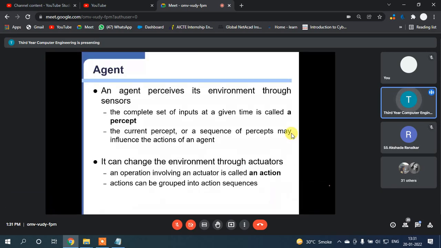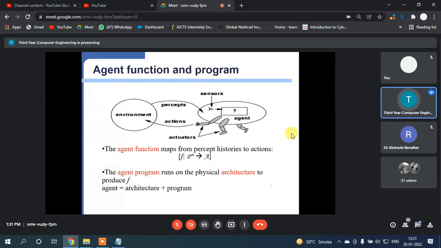After having the perceptions from the environment, it will perform the actions according to the perception through the actuators. This is the actual working of an agent. We have seen this architecture also. This is the agent function: f equals perception maps to action. And what is the program? It is the implementation of the agent function on the machine where the AI runs.